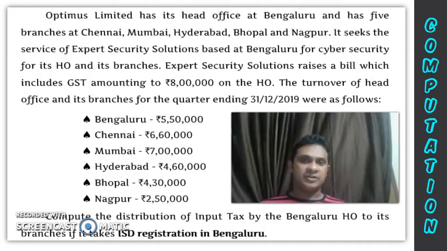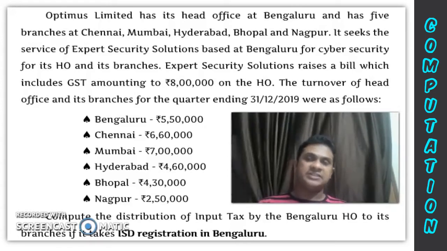So what do the cybersecurity solutions do? They provide the necessary services to Optimus Limited, and after that they raise a bill which includes GST amounting to rupees 8 lakh on the head office. So after completing the work, Expert Solutions raised a bill, and the GST amount in that bill was around 8 lakh rupees to the head office.